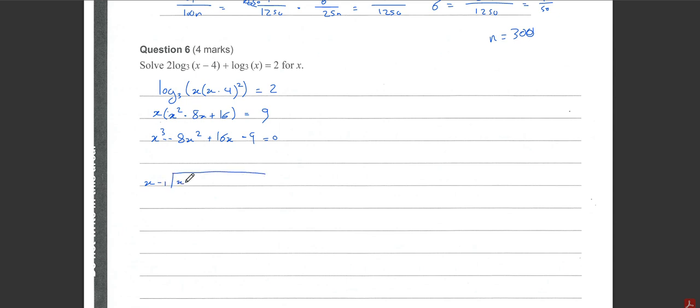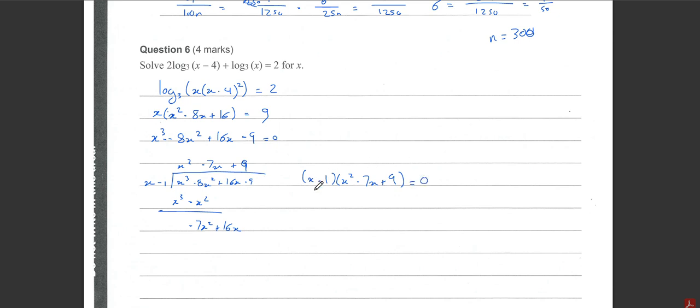So x minus 1 is a factor. Dividing x cubed minus 8x squared plus 16x minus 9: x squared, x cubed minus x squared, negative 7x squared plus 16x minus 7x. Then it has to be plus 9 at the end. So this gives x minus 1, x squared minus 7x plus 9 is equal to 0.